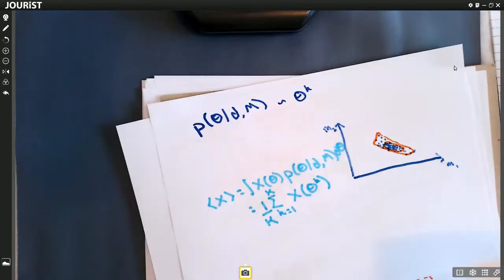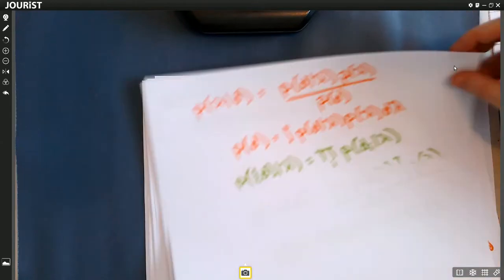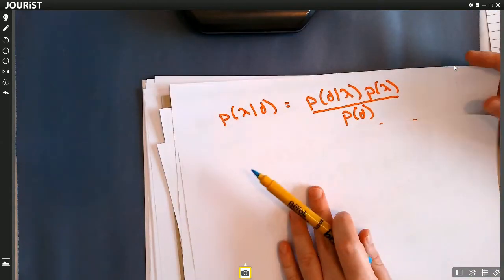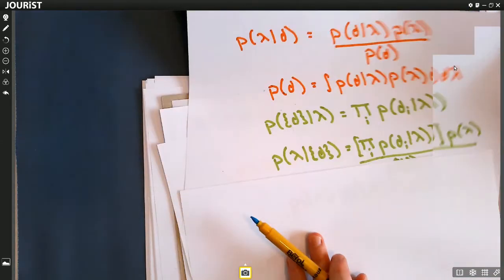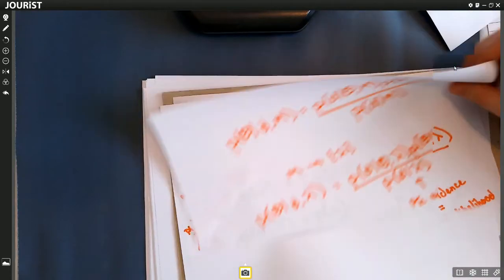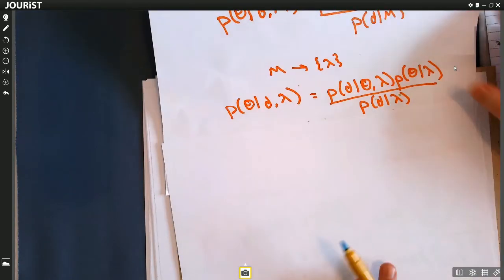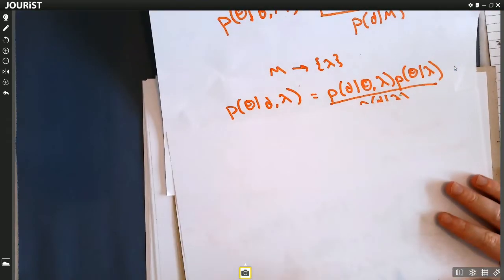Okay, so let's go back and take a look at what we want here, our likelihood for a single event. We want the probability of data given lambda.